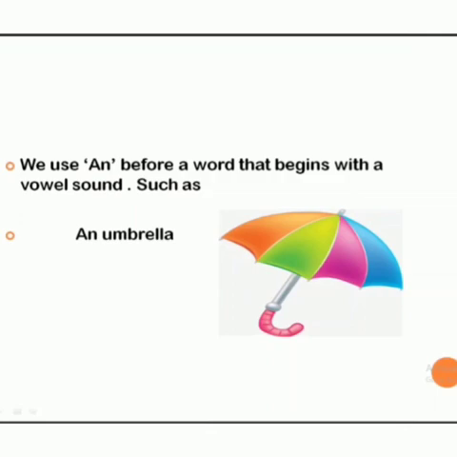So children, I hope you know vowels A, E, I, O, U. So here U, umbrella. We have to place here an umbrella. So these 2 points I think clear to you. So we will move to the next point.